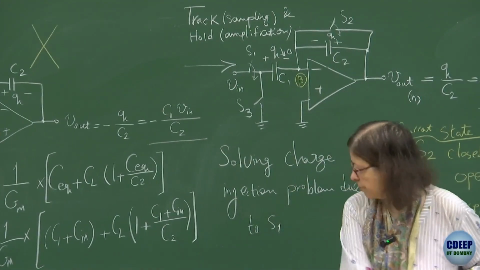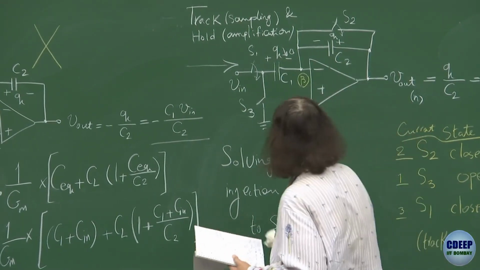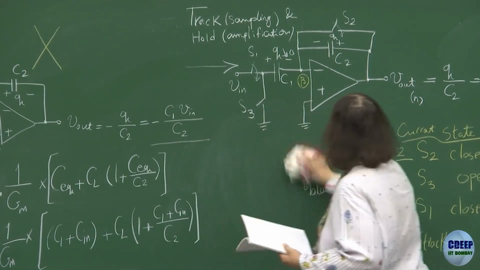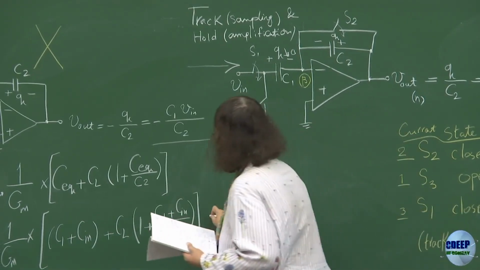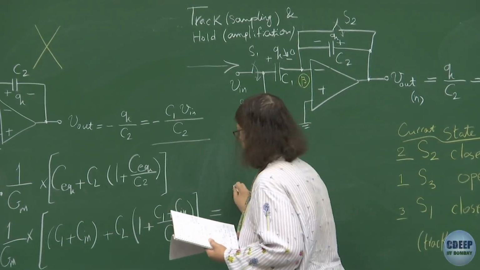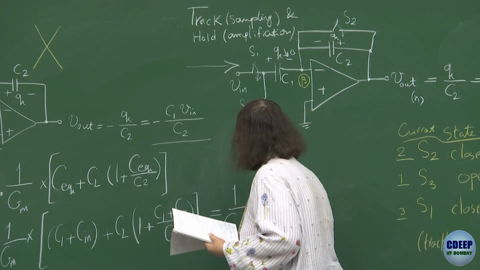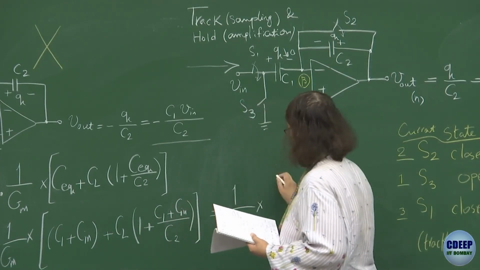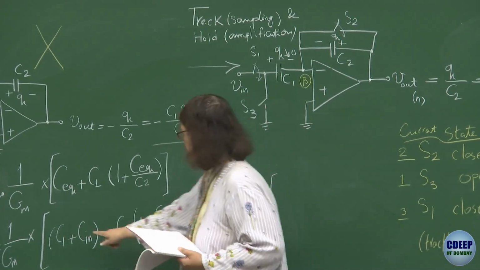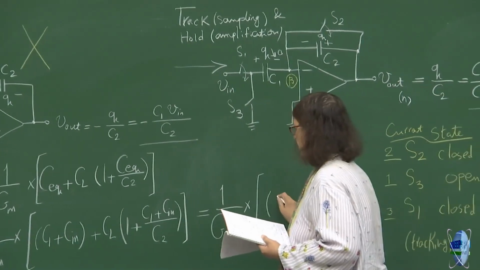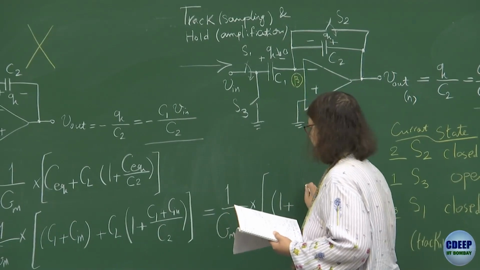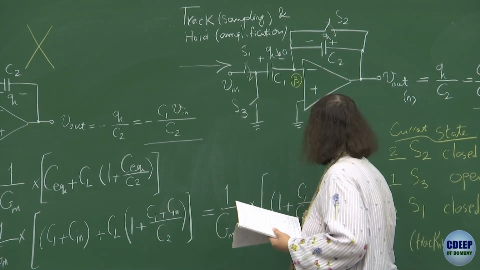And if I want to take this C1 out, so I can, and show the parasitic effect separately, so it is 1 upon Gm multiplied by, so see, this is C1 plus C1 upon C2. So therefore I will write 1 plus C1 upon C2.